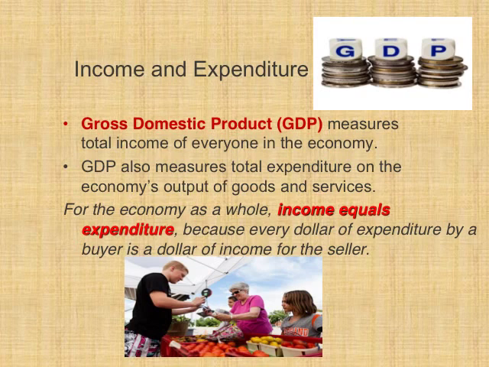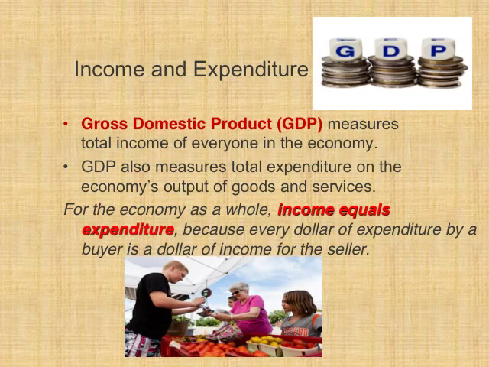Gross domestic product, or GDP for short, measures the total income of a nation. Just like judging how a person is doing economically by looking at the person's income, the same logic applies while judging a nation.